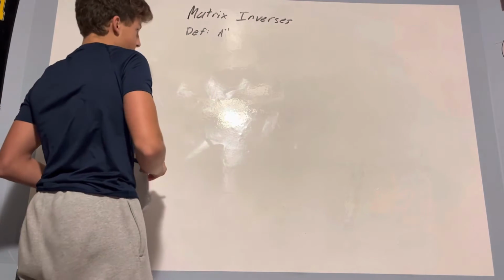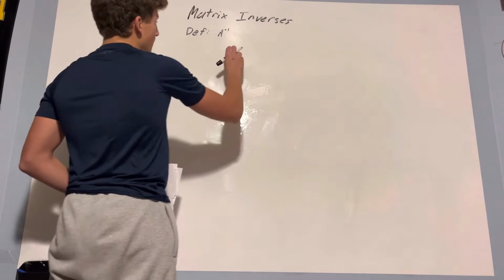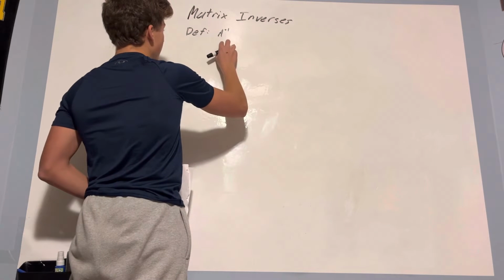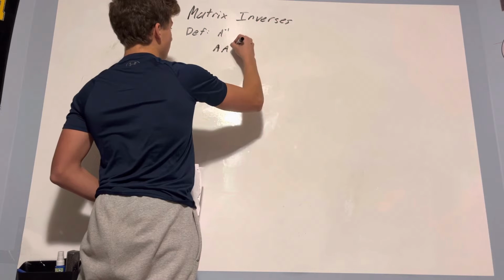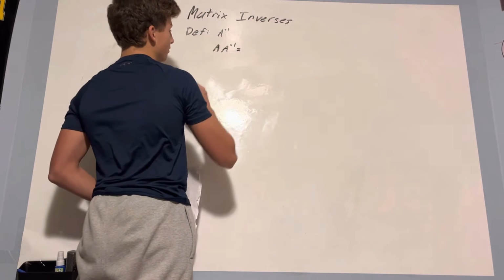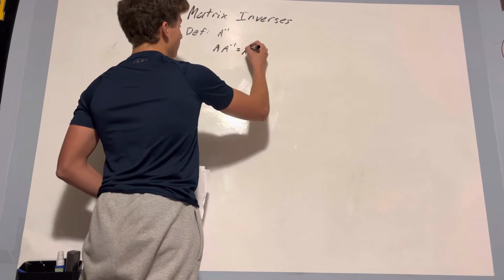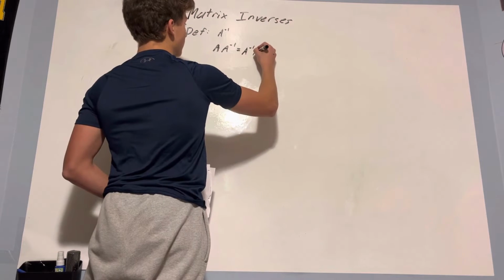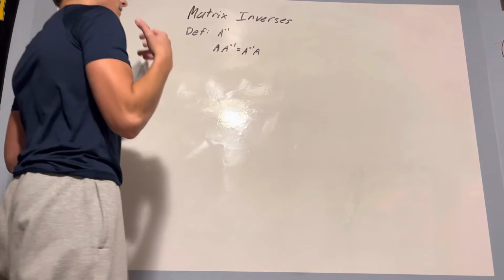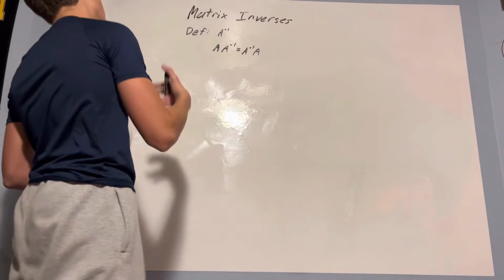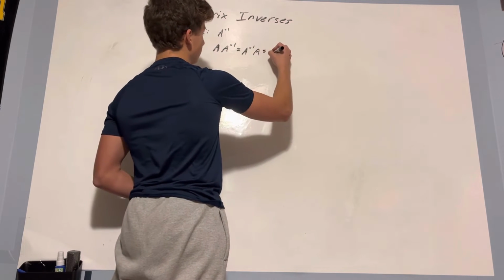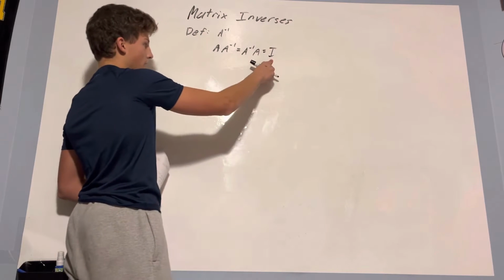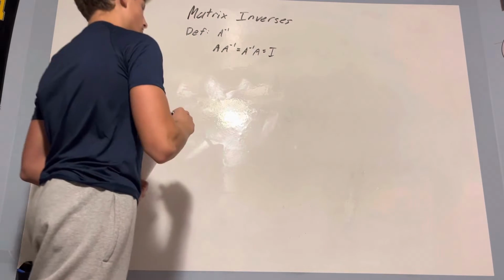By definition, if you have a matrix A and you multiply it by its inverse, this is where matrix multiplication actually is commutative. It's going to be equal to its inverse times itself, and those both are going to be equal to I, the identity matrix.